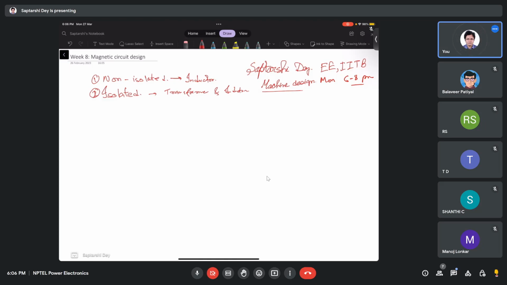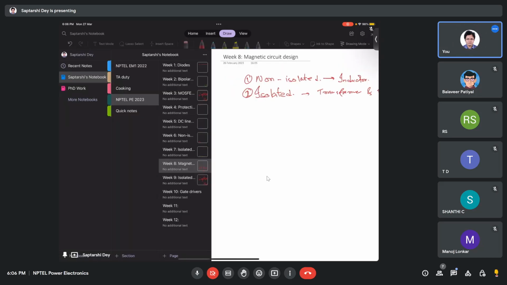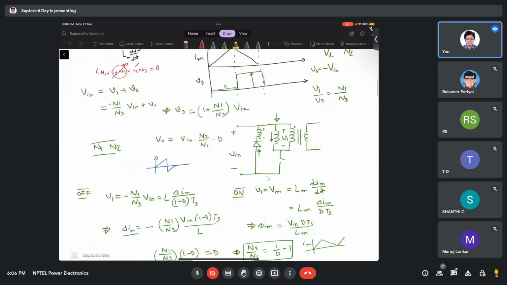Now last week, since a question came, we had a discussion on how to design an inductor for a flyback converter.